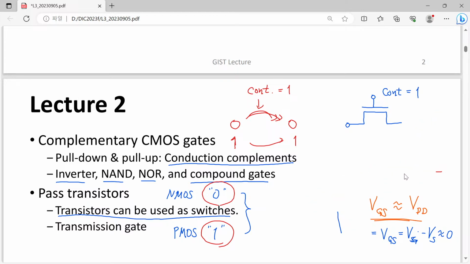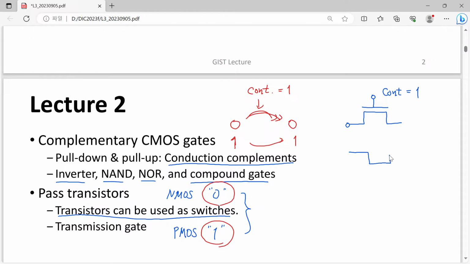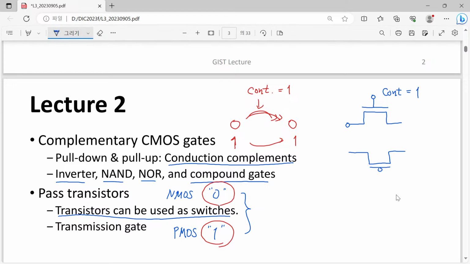We wanted to send our signal to the output only when the control signal is 1. So in that case, think about this one. We have a PMOS here, and since control is 1, the inverse of control would be 0.